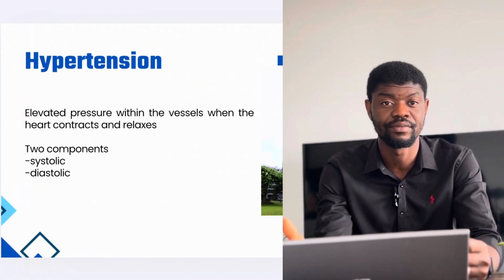In order for us to understand hypertension better, we need to know what accounts for a normal blood pressure and what stages there are for someone to develop hypertension. So we mentioned that we've got systolic and diastolic pressure. So when we are looking out for hypertension, usually you want to look at both the systolic and the diastolic pressures, and then the numbers you get usually tells you the stage in which the person is.